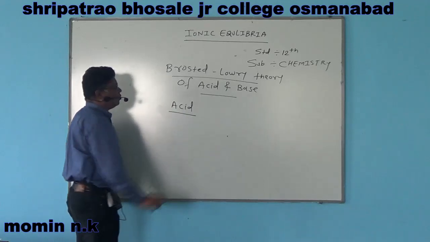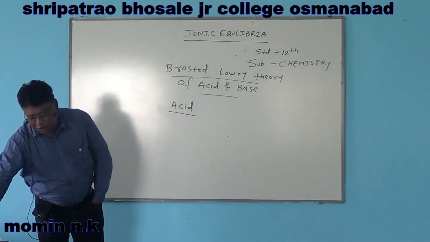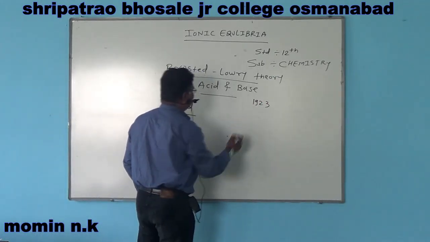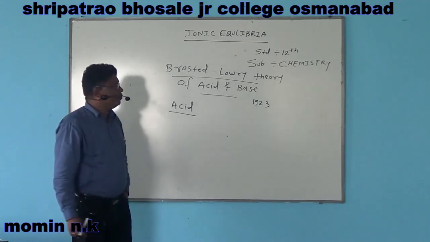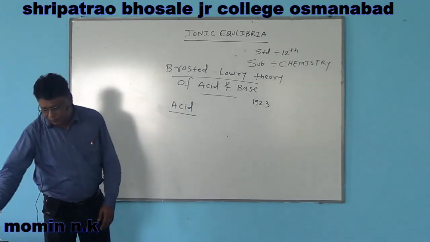So, according to Bronsted and Lowry, these two scientists in the year 1923 gave these definitions of acid and base. According to Bronsted and Lowry, what is called acid?